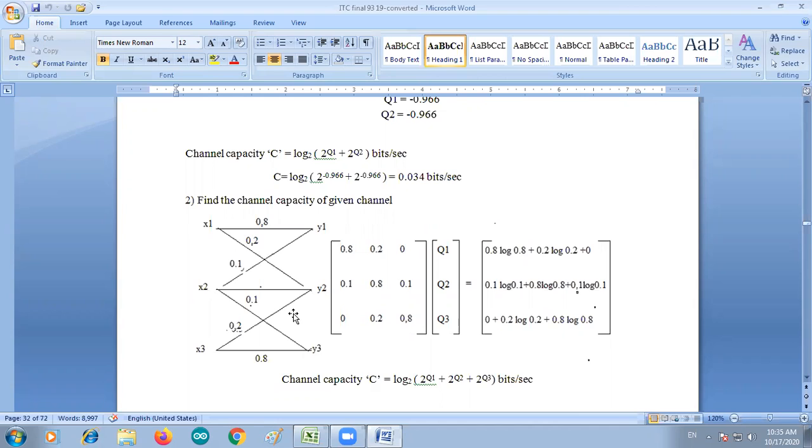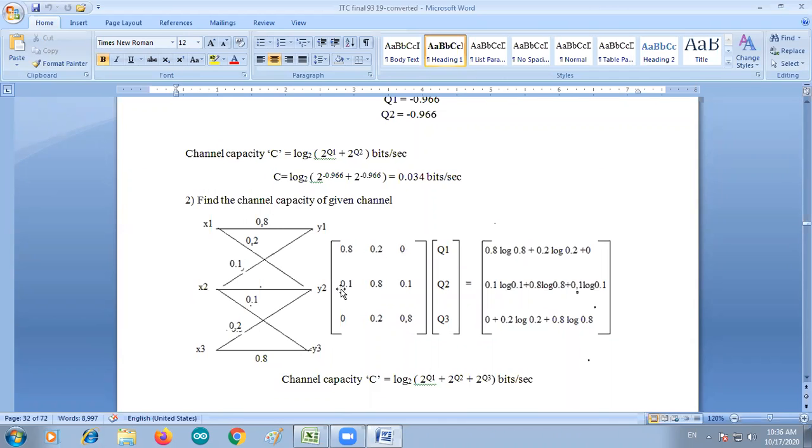How do you calculate the channel matrix here? This is P11. P11 means Y1, X1: Y1 output, X1 input. This is P12: 1 is an input, 2 is an output. This is P13: 1 is an input, 3 is an output.